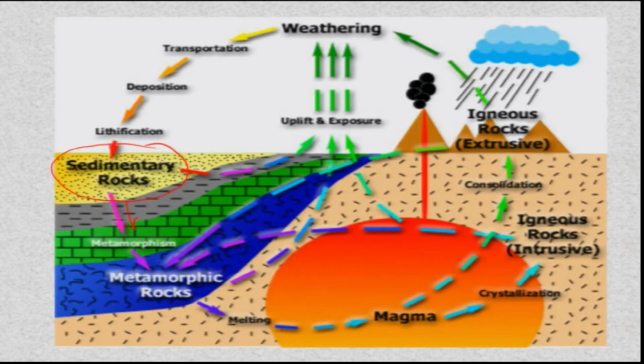And further down it will again melt, get into the magma chamber, and it comes out on the surface in the form of extrusive igneous rock, or it may remain an intrusive igneous rock. Okay. So this cycle continues, and we see the formation of the rocks, weathering of the rocks, solidification, and again subjected to deep burial under high temperature and pressure.